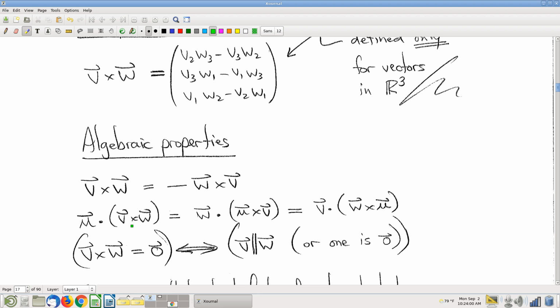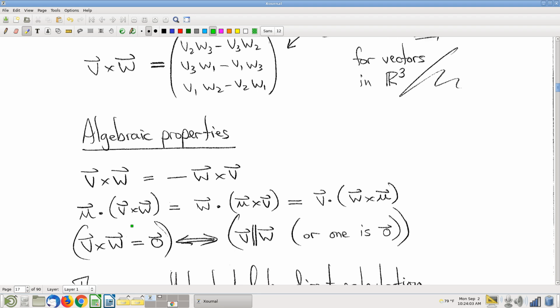Lastly, there's a property of dot products that kind of vaguely smacks of this. Remember, if the dot product of two vectors is 0, that means they're orthogonal. It probably means that they're perpendicular, unless one of the vectors is a 0 vector. If the cross product is 0, they're parallel, or one of the vectors is the 0 vector.